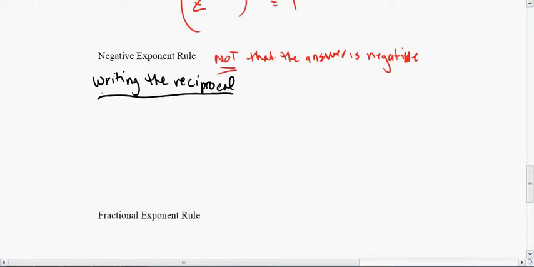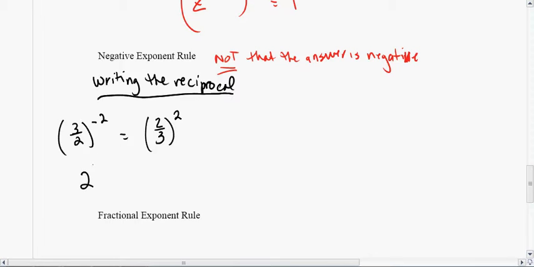So let's do a couple of examples of that. Say we have 3 halves raised to the -2 power. What that means is to flip the 3 halves, so it becomes 2/3, and then you change the exponent to positive.